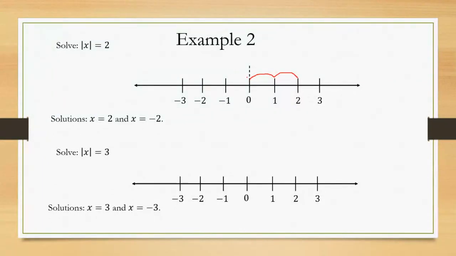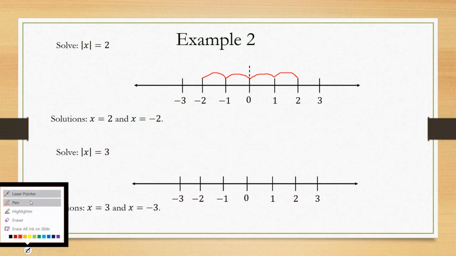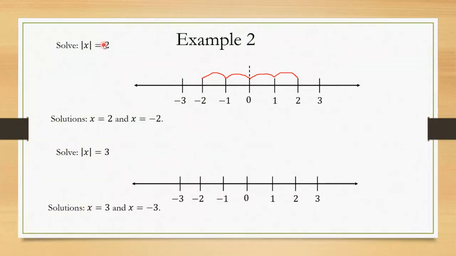Well, no, because negative 2 is a solution. Negative 2 is 2 units away, just to the left of 0 instead of the right. So this equation has 2 solutions, 2 and negative 2.